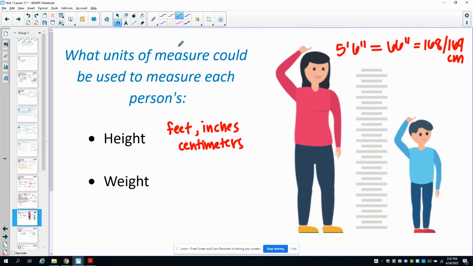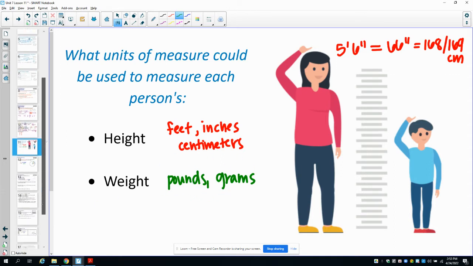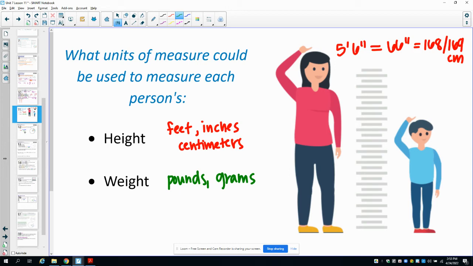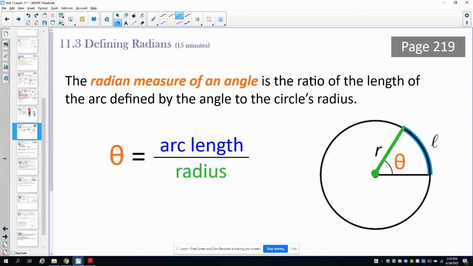The same is true for weight. You could measure weight in pounds. You could also measure it in grams. And you could get different measurements that represent the exact same weight. So this is what we're going to be looking at now, a different way to measure an angle. Currently we've been measuring angles in degrees. When you look at a circle, all the way around a circle is 360 degrees.